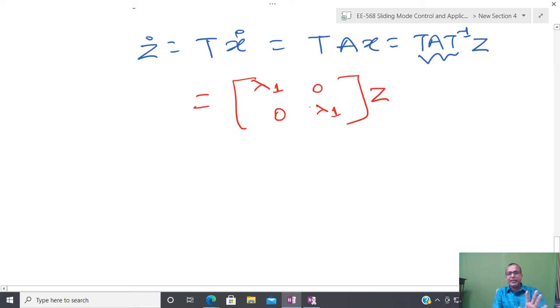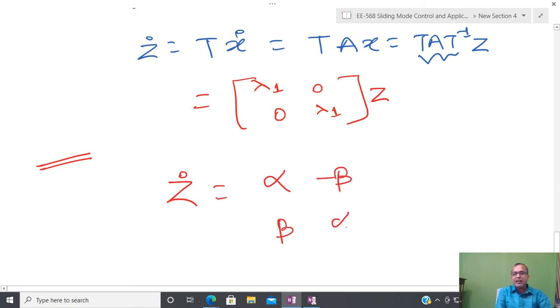That is the physical interpretation. So I am going to do something similar for the complex case also. I define a transformation T such that the eigenvalues are selected like this: alpha, minus beta, beta and alpha, and after that I have Z. So in this case T A T inverse is of this form.